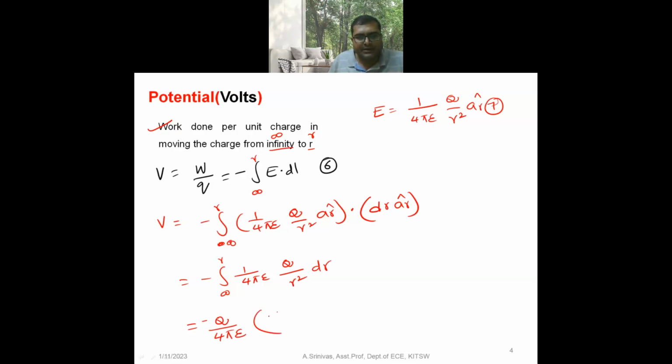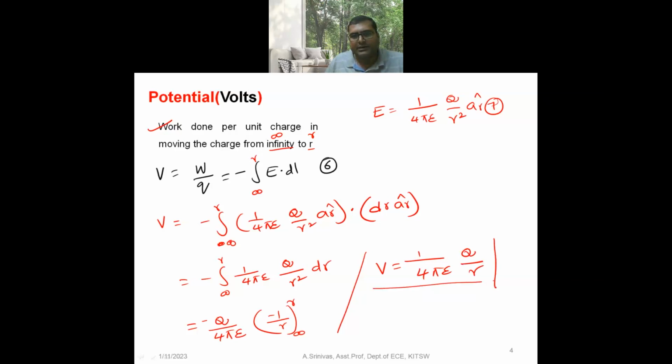The integration of 1 by r square is equal to minus 1 by r. The integration limits are from infinity to r, and after rearranging we'll get the value of potential as 1 by 4 pi epsilon q by r.